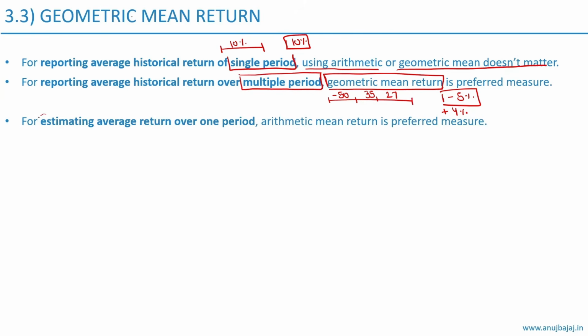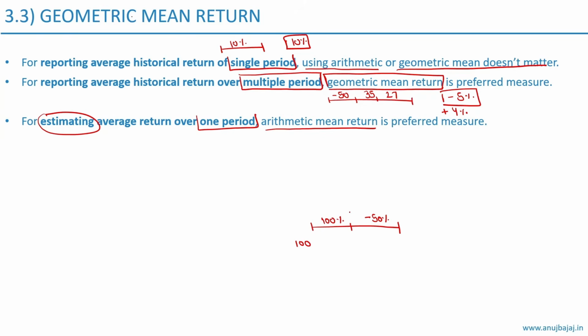Now, when we want to estimate the average return over a 1 year period, arithmetic mean return is a preferred measure. For example, suppose in the past 2 years, you earned a return of 100% in the first year and negative 50% in the second year. Say you invested $100.